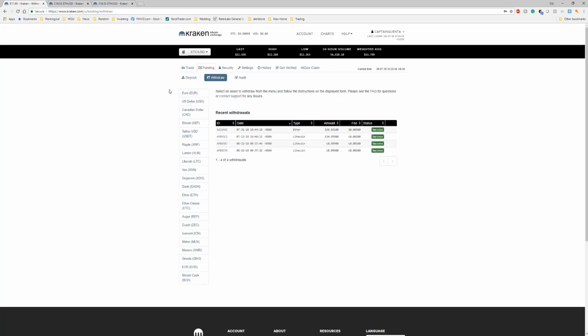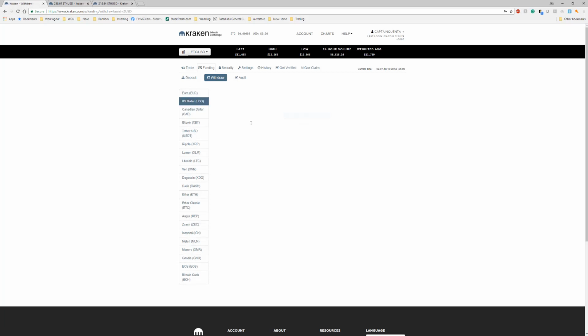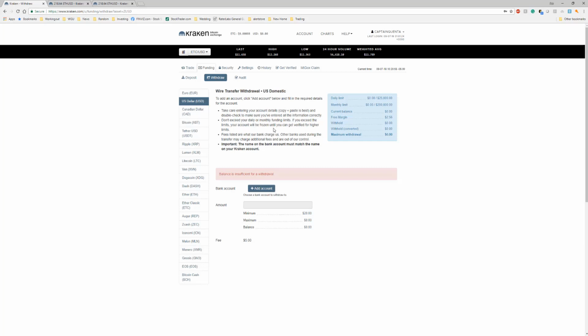If you look at the euros and the dollars, in order to transfer in dollars, you'll have to go through the KYC process where you have to get to that level 3 KYC, and then you can add your bank account in here and directly deposit dollars, which is a very efficient and very fast way to do this.